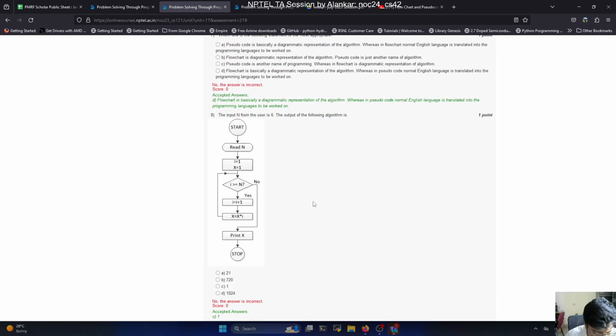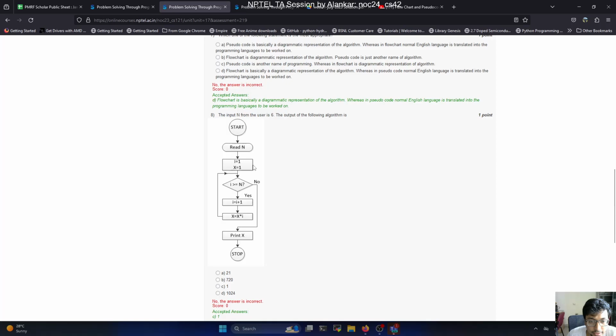Okay, so it takes an input from the user, in question 8, and here there is an algorithm expressed in terms of a flowchart. In this flowchart, the number uppercase N is read as 6, and then you iterate through. There is this statement and this iteration going on.